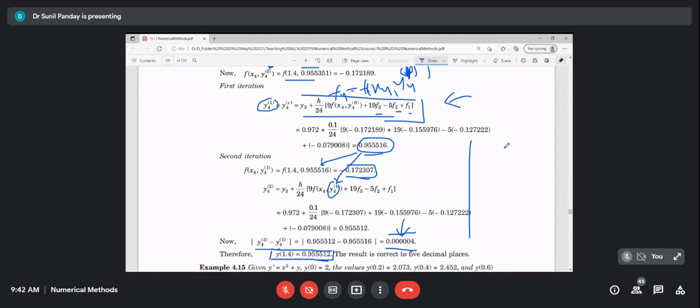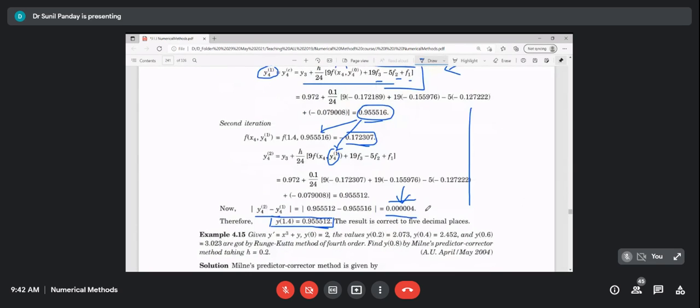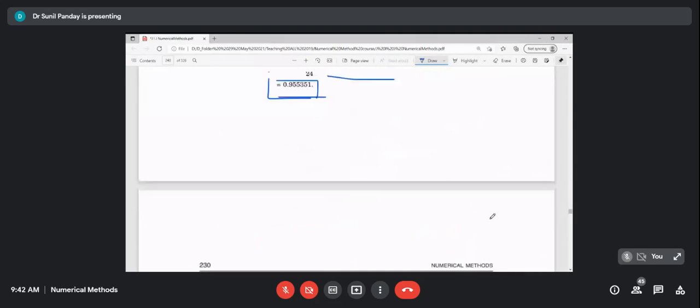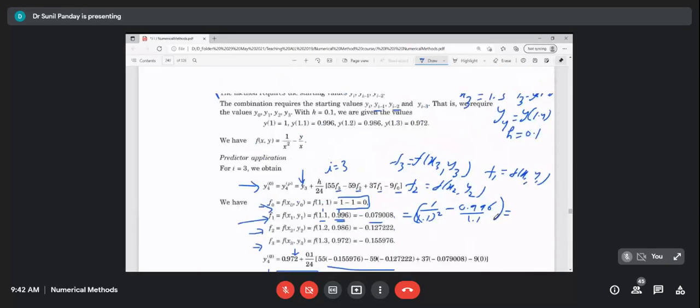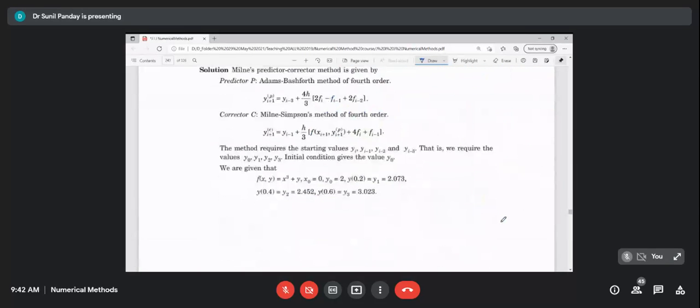First we predict the value from Euler's method, and then we correct the value by Euler's modified method up to the desired accuracy. If 2 decimal places are required, we stop when 2 decimal accuracy is achieved, otherwise we continue. So this is our application of the Adams-Bashforth predictor-corrector method.